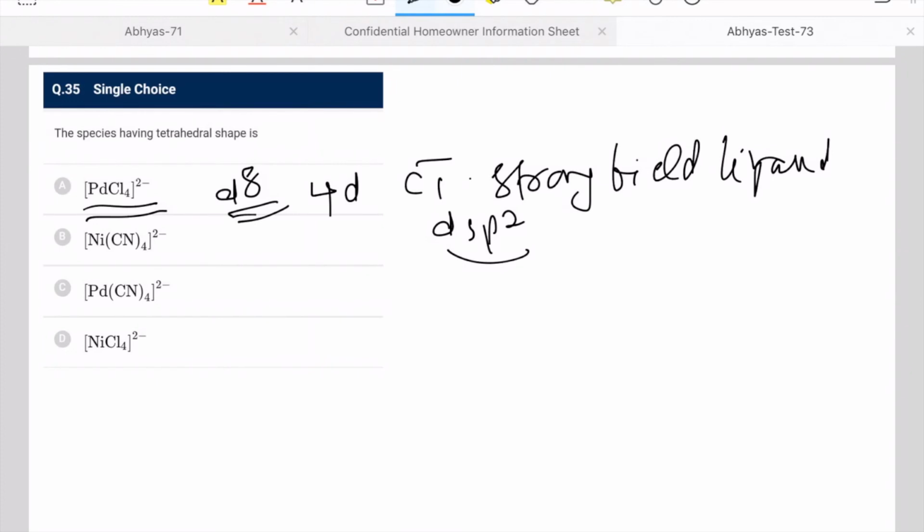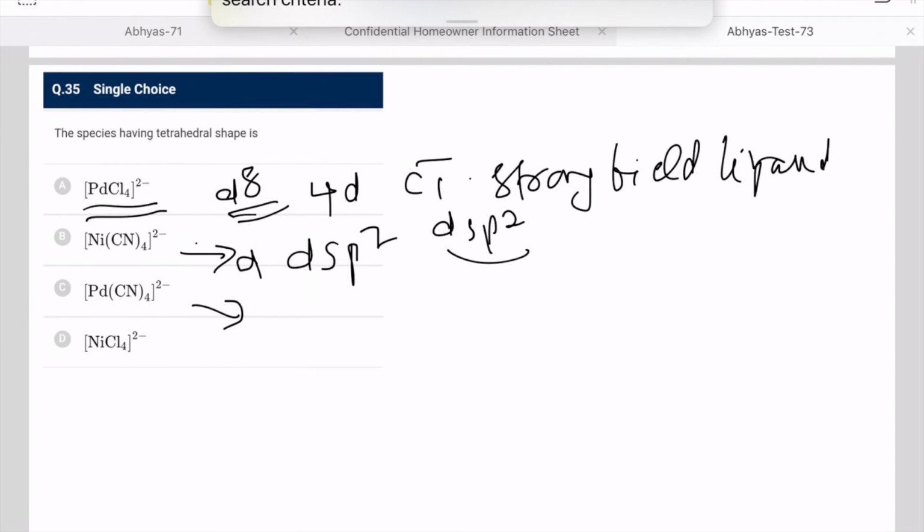Here also the same thing is there. Nickel also is a d8 system, so dsp2 is forming. Palladium again, same thing, strong field, d8 system. Only in one option will the correct answer come.